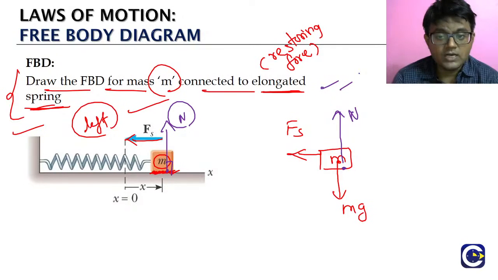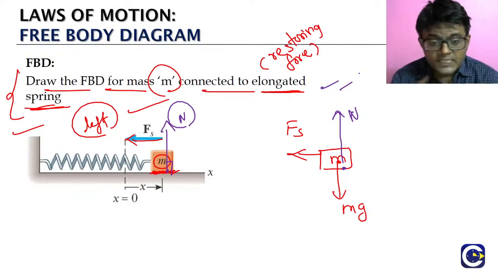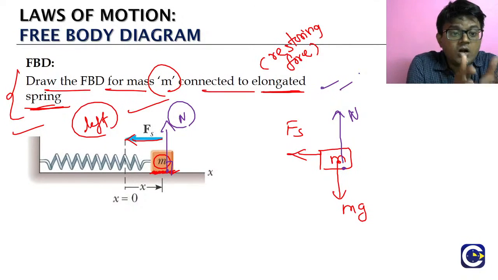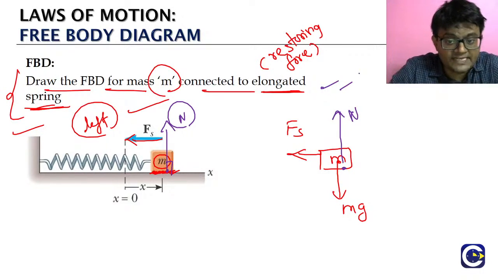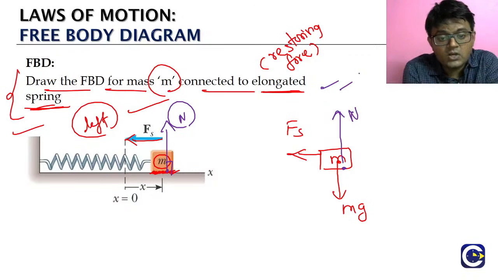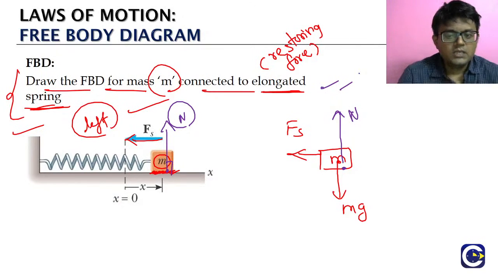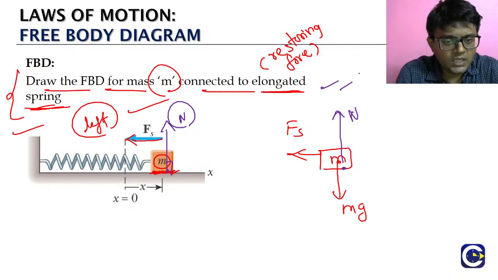One is its own weight. Then the force because of the spring, because the spring is elongated. When elongated, the spring will try to pull the block, towards the left side in this representation. Then there is a contact surface between the block and the table below, so there will be a normal reaction. So this is the free body diagram of the block.